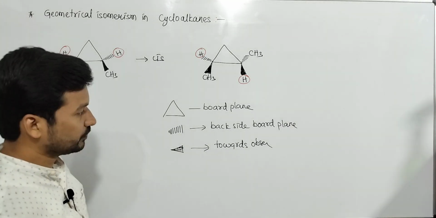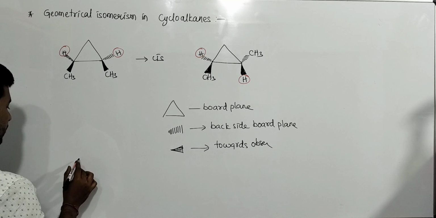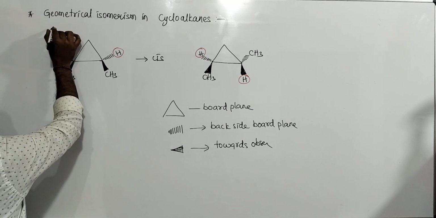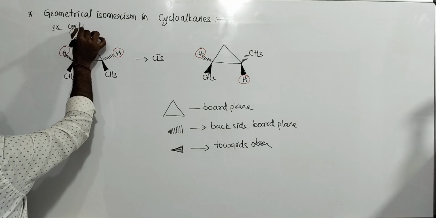In this way we assign cis-trans isomerism in cycloalkanes. For example, cyclopropane.